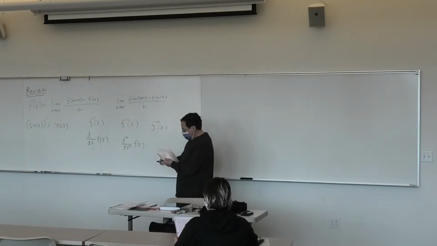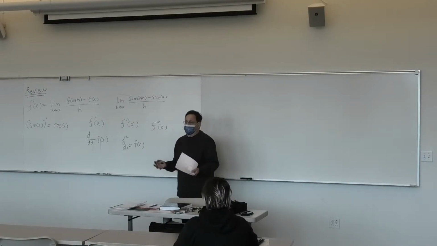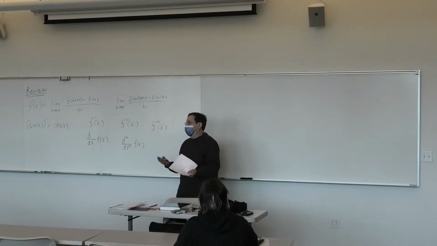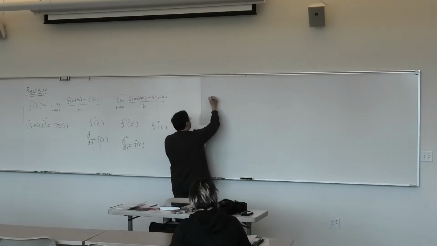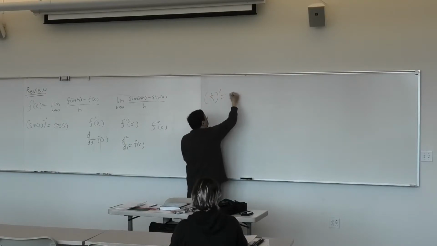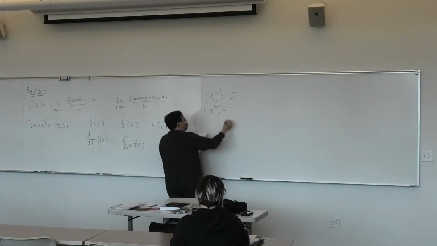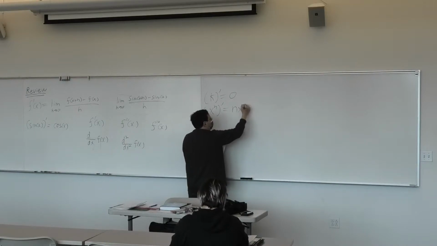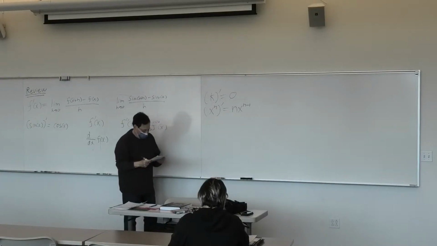You certainly should know the basic derivatives, either in your head or jot them down. Derivative of a constant is 0, derivative of x to the n, use the power rule. Hope I got that right.